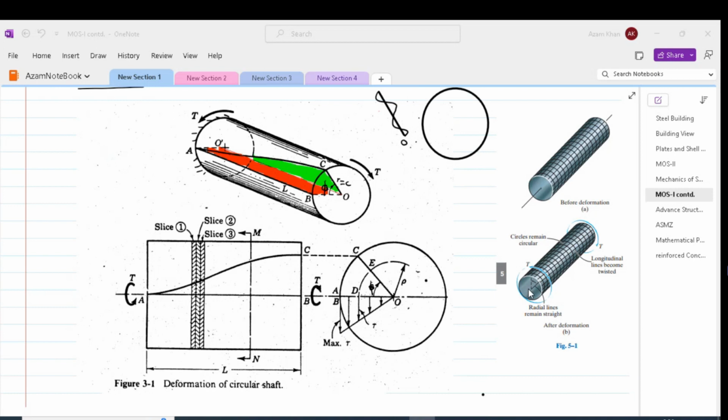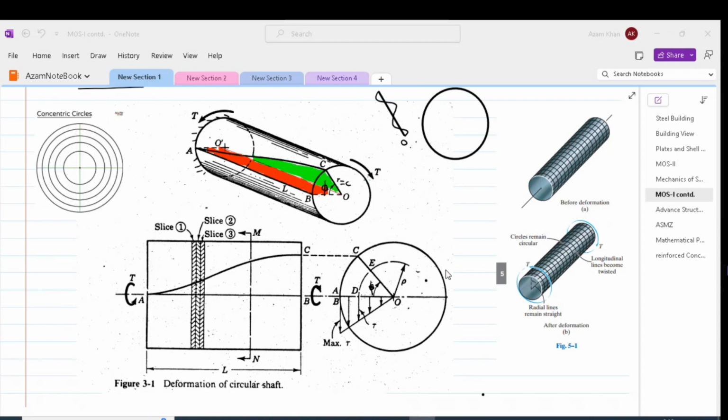In other words, it wouldn't warp. We define angle phi as the angle of twist, also known as angle of rotation or twist angle, which measures the amount of rotation or twisting that occurs along the length of the shaft subjected to the torsional loading.